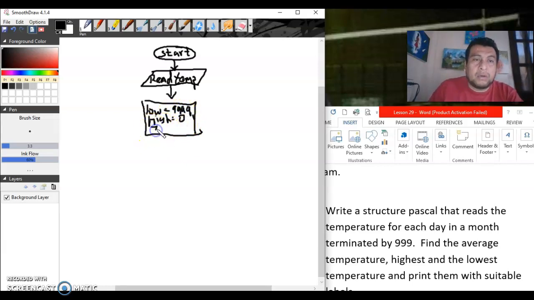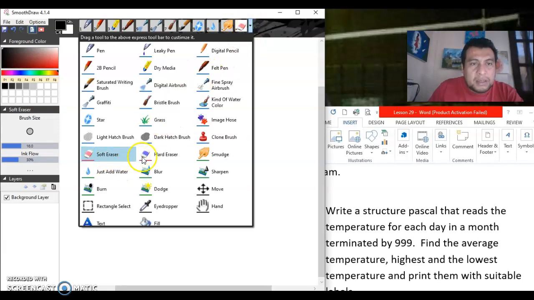Then we had the total, and you will excuse me for not writing it clearly, but just follow along. Total is initialized with 0, and because of space, let me see.